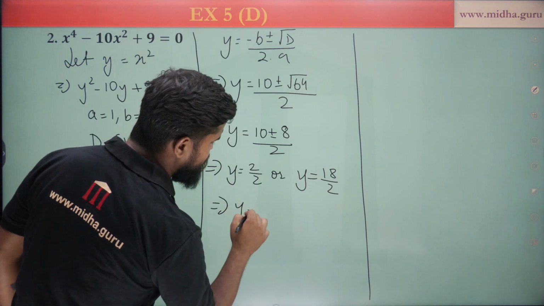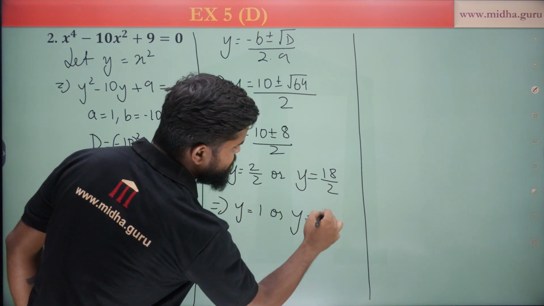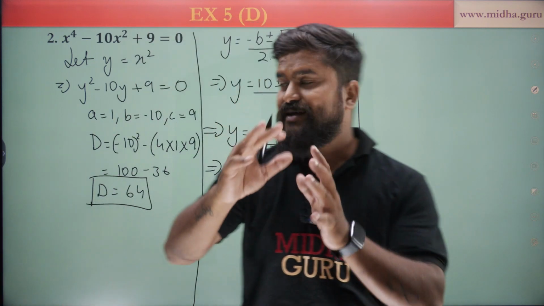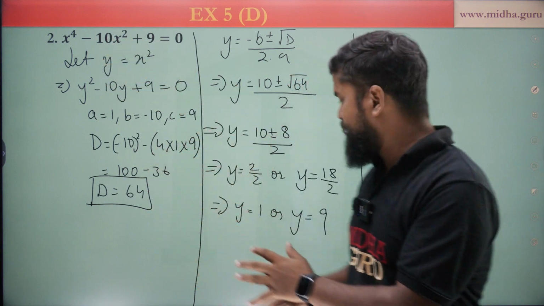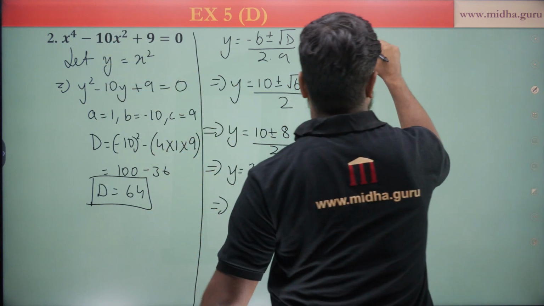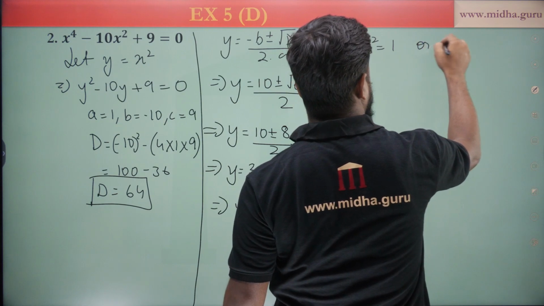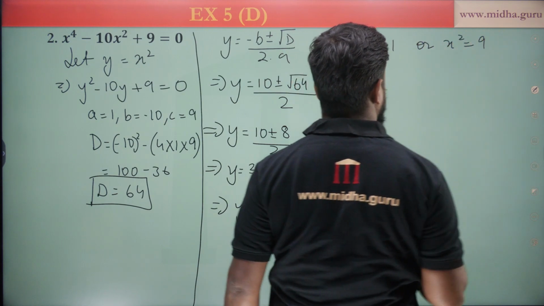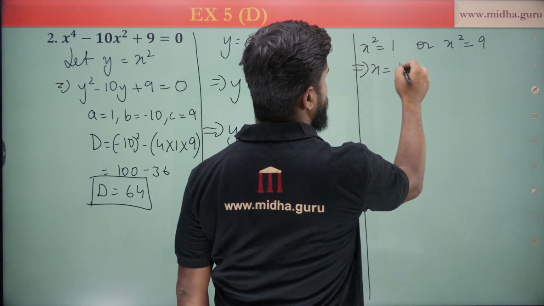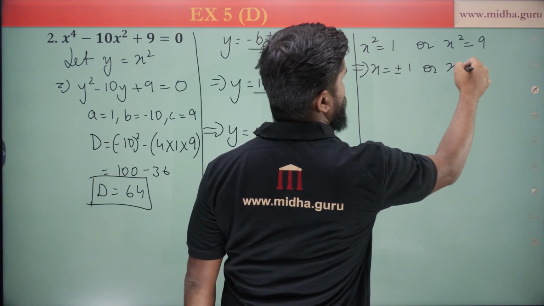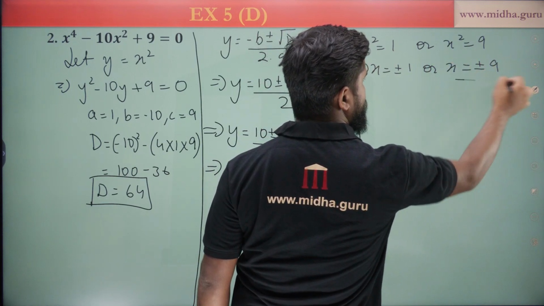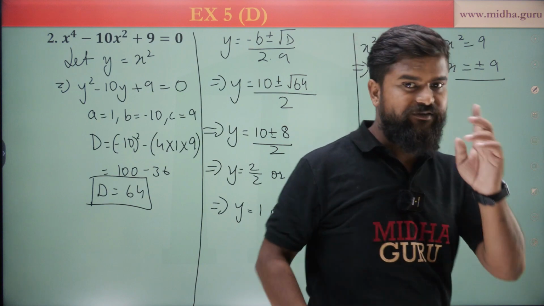So y is either equal to 1 or y is equal to 9. Now since in the beginning we took y as x^2, we can substitute y with x^2. We'll get x^2 is either equal to 1 or x^2 is equal to 9, which means x is equal to plus or minus 1 or x is equal to plus or minus 3. So here we have the 4 values.